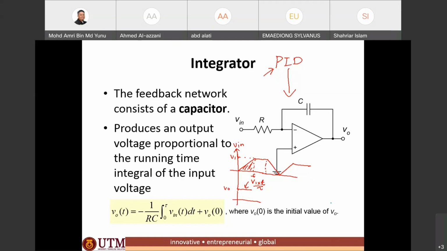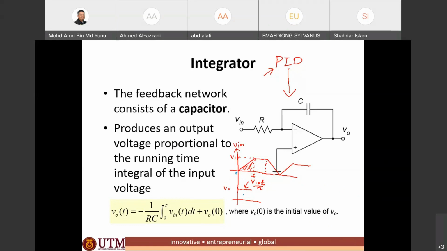For example, here you have a trapezium input. Let's say the integration is from 0 to t.